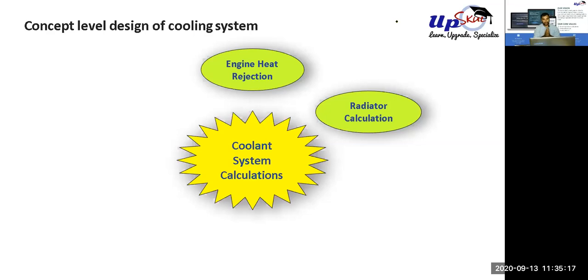But another purpose of the radiator calculation is that we get to check which kind of situation we are dealing with. Sometimes the body department or the styling department will give a space, like, Chayan, you have this much area for the radiator.